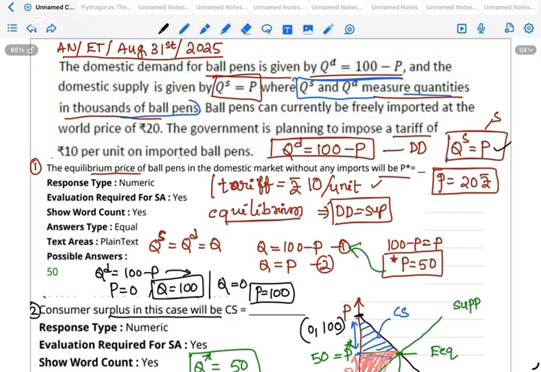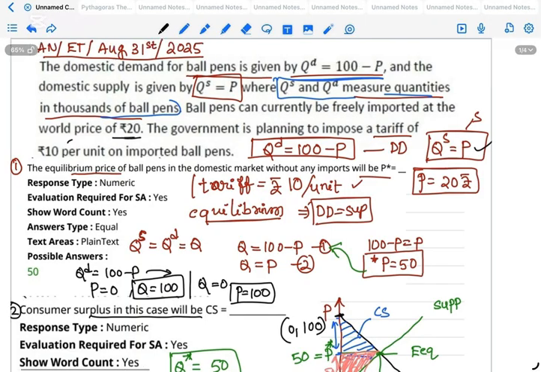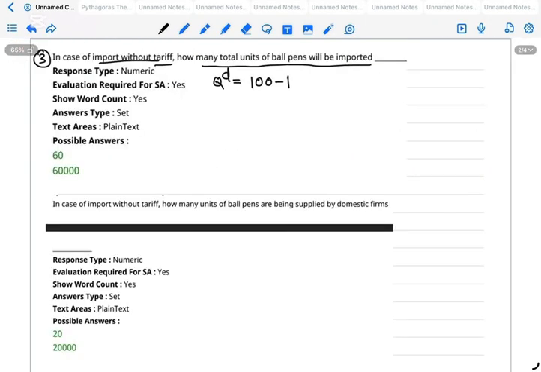Pens can currently be freely imported at the world price of 20 rupees. Demand is 100 minus P and quantity supplied QS equals P. They mention in the question P equals 20 rupees, given in the question.